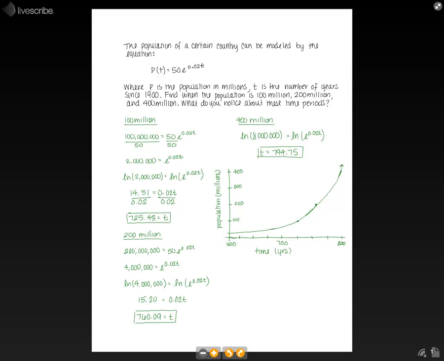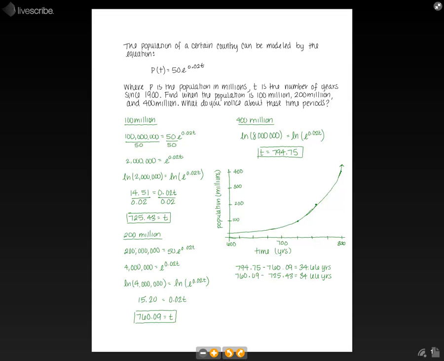If we look at these numbers again, we can see that 794.75 minus 760.09 is 34.66 years. And 760.09 minus 725.43 is also equal to 34.66 years.